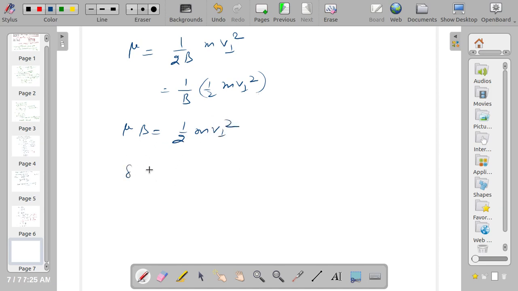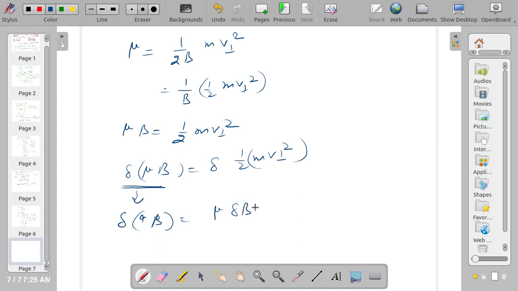So now if I take the change in this, it can be written as change in mu B. But if I look at it mathematically, this is equal to mu change in B plus B change in mu.